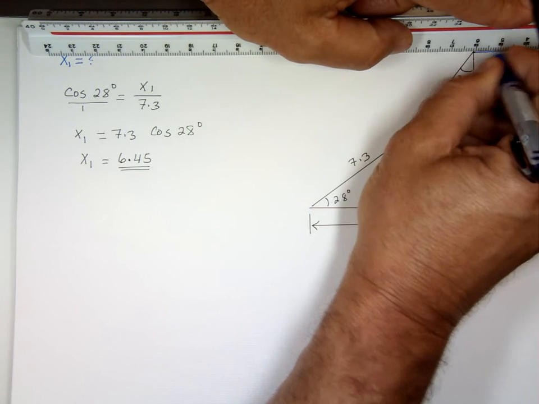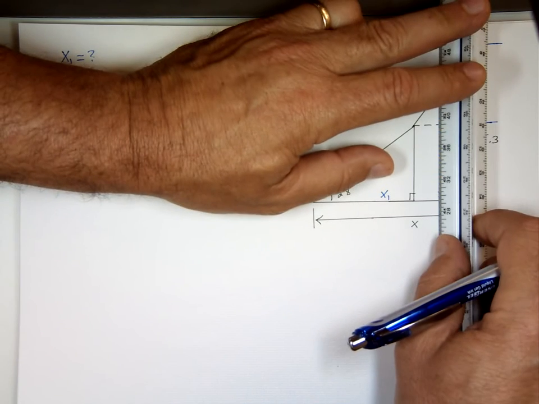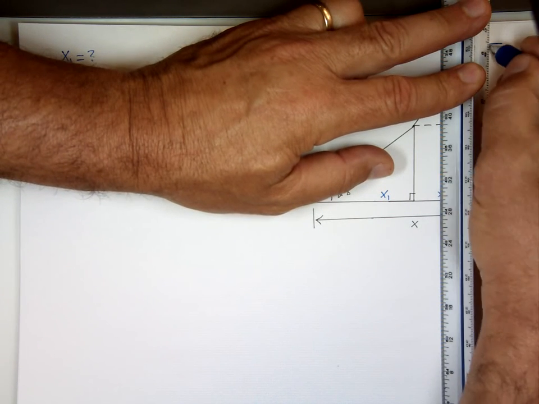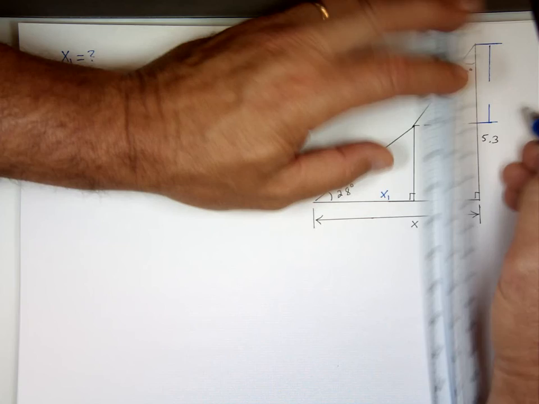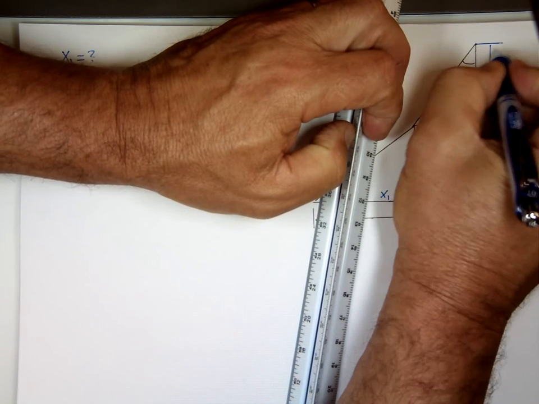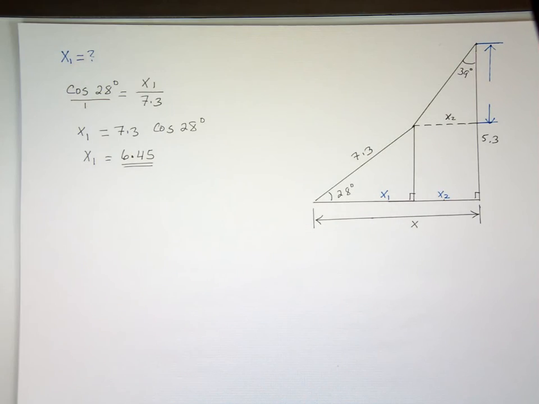What's that distance? That's what I need to know. If I know that distance, I'm in good shape. I might be able to get it. Maybe half of the 5.3. What do you want to do? Well, I'm not sure if it's half.